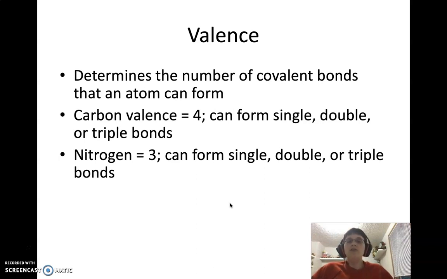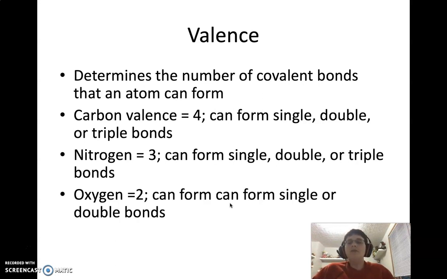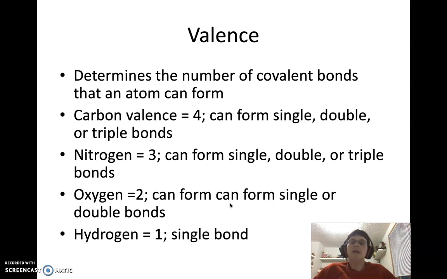Nitrogen has a valence of 3, because it has the ability to make 3 covalent bonds. So it can make single, double, or triple bonds. Oxygen has a valence of just 2, so it can form single or double bonds. And then hydrogen has a valence of 1, so it only has the ability to make single bonds.